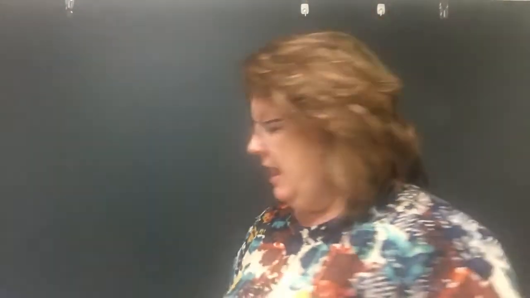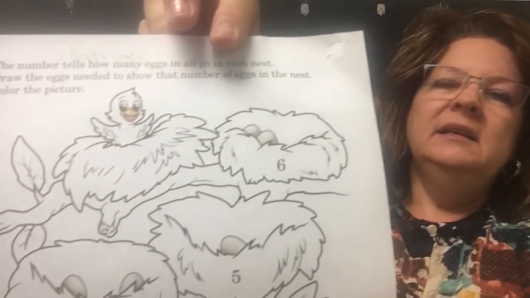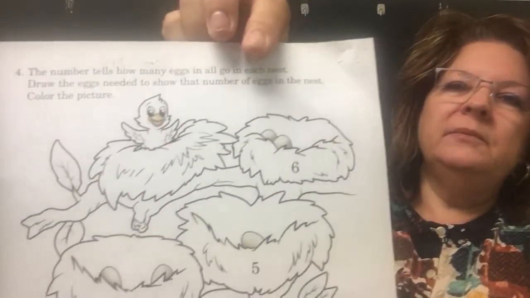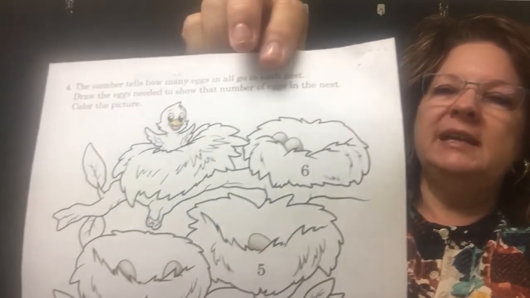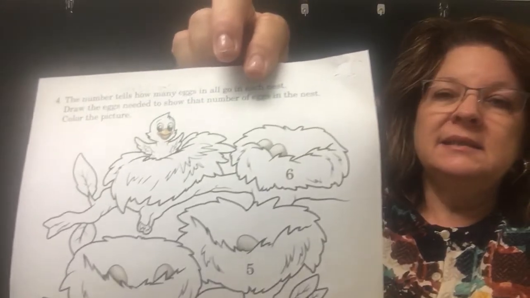And on the back, you have some nests, and you have a birdie in the nest. And on each nest, there's a number, okay? Now look at that first nest up here beside the birdie. That's number 6. There should be 6 eggs in that nest, okay?